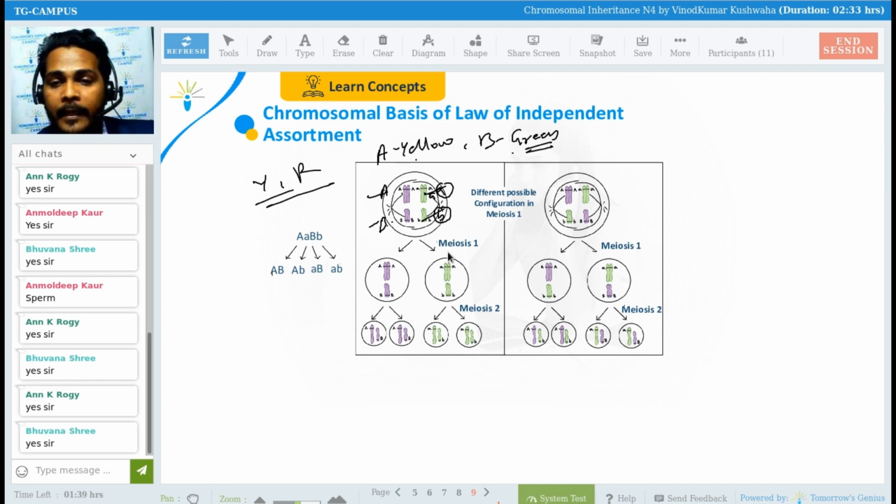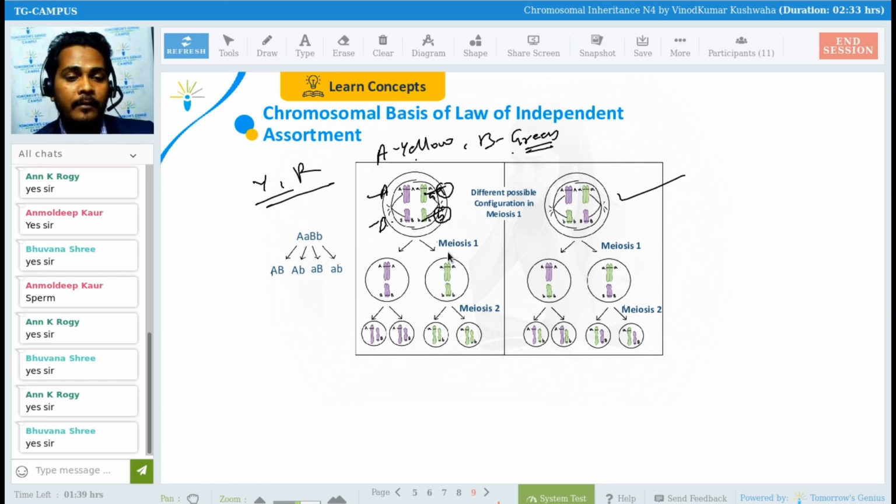Another one you can see here in another segment of this diagram. Similarly, the parent homozygous for green color and wrinkled shaped seeds produces gametes which have one type of chromosome, one having the R gene and the other having the Y gene. So what is happening?